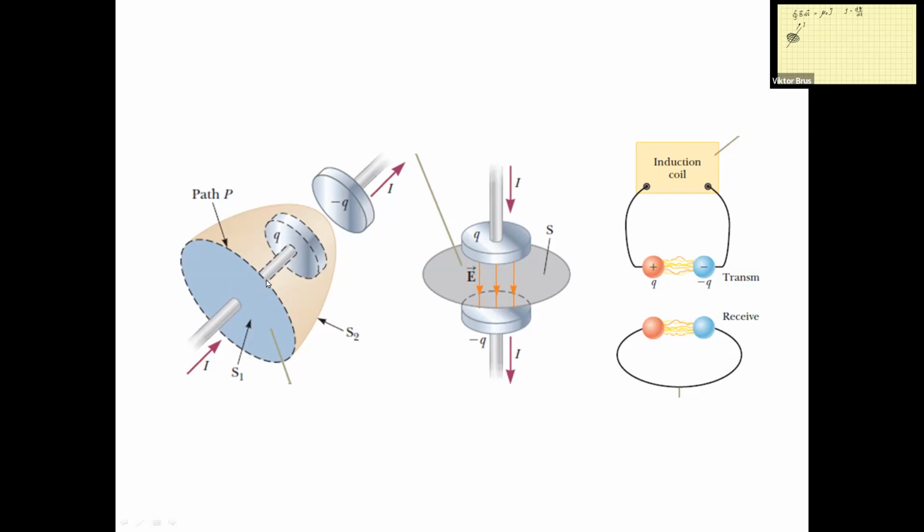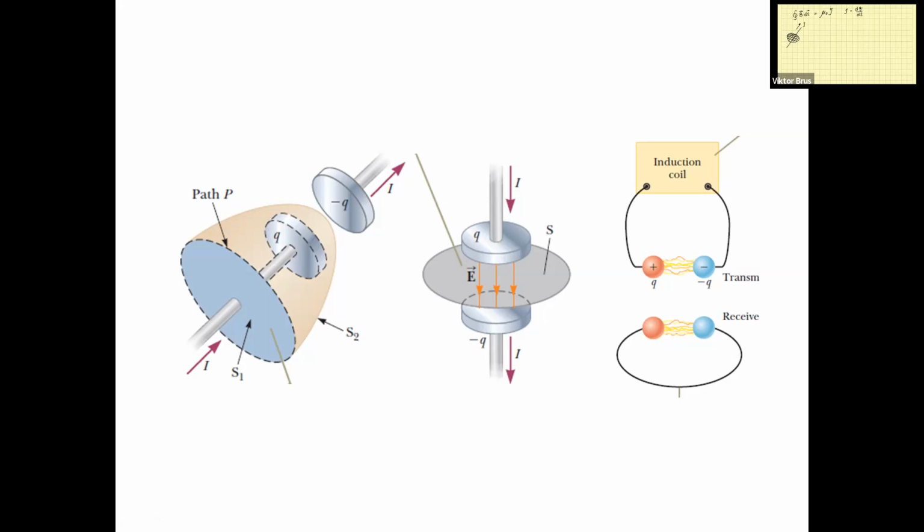So some wire attached to two plates, which represent some parallel plate capacitor, and there is some AC alternating current flowing through this component of an electric circuit.